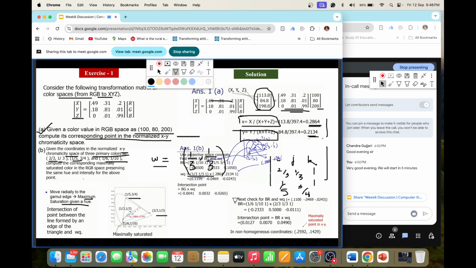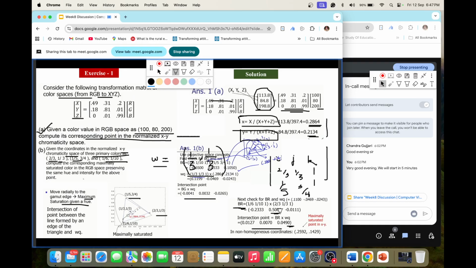Now here you can see that whenever we are intersecting BR with WQ, our answers are coming negative. Y is coming negative, but you can see the edges, all the points here are positive, so this intersection is not possible.